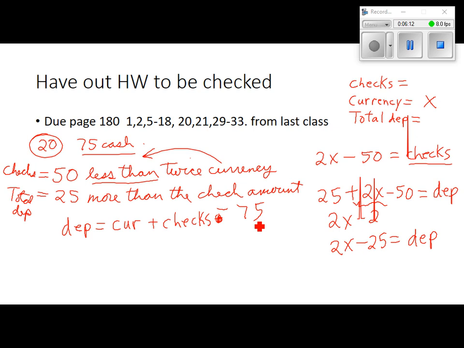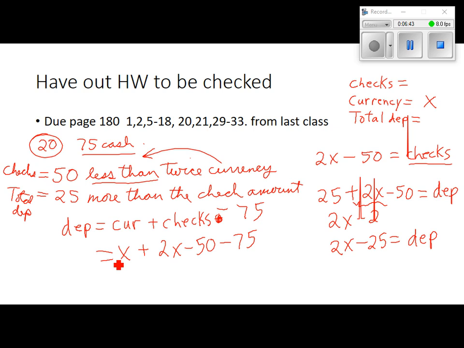Well, what did we say the currency was? We let it equal what? So could we stick X in there? Now the checks, didn't we figure out something for the checks? So we could stick that in there. Minus 75. Algebra, geometry, is all the same.